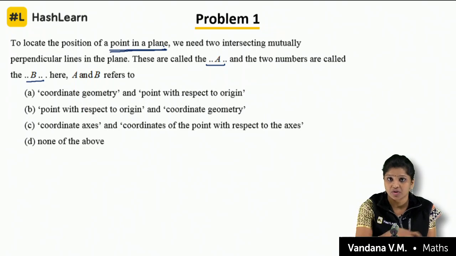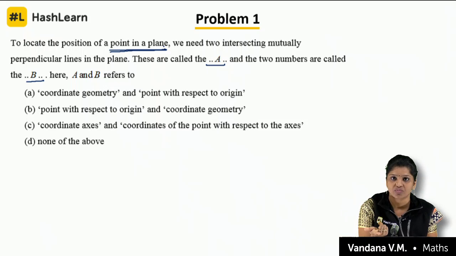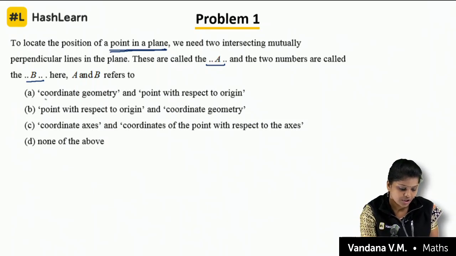Plane means which is on the floor. The floor is one plane, your front wall is one more plane. That means it is two-dimensional geometry. So the point with respect to the origin, coordinate geometry, coordinate axis and coordinates of the point with respect to the axis.